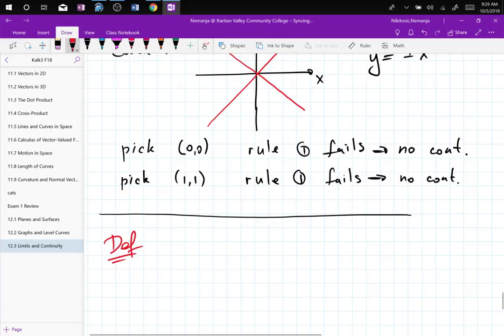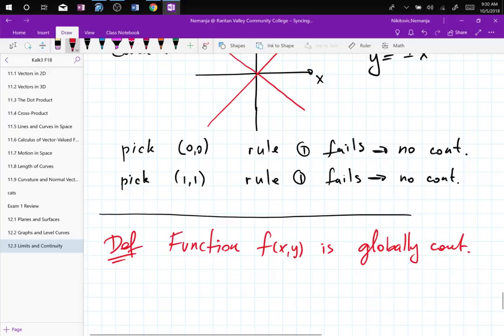So the next definition is, again, this one is not in your book. I'm not sure why, but a function f of x, y is globally continuous if it is continuous at every interior point.